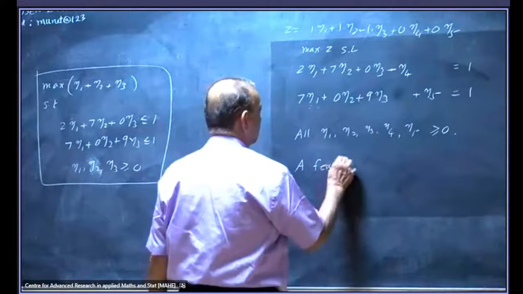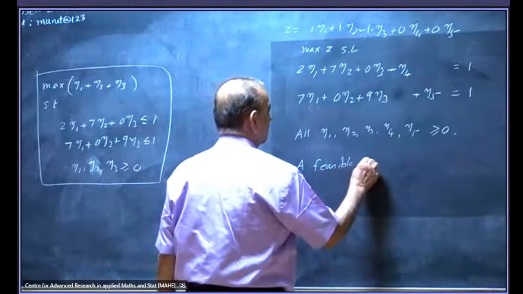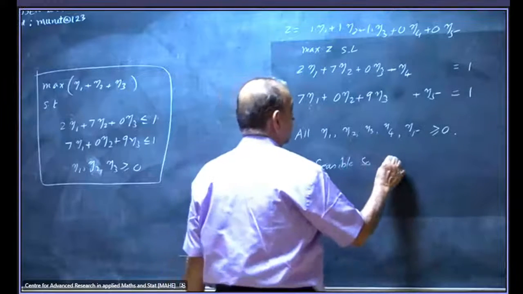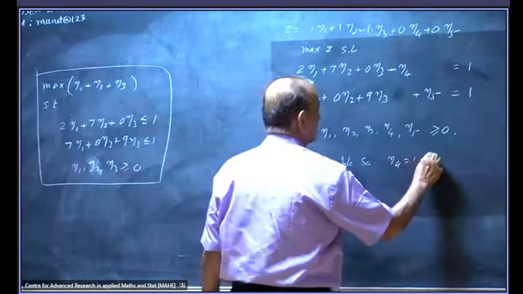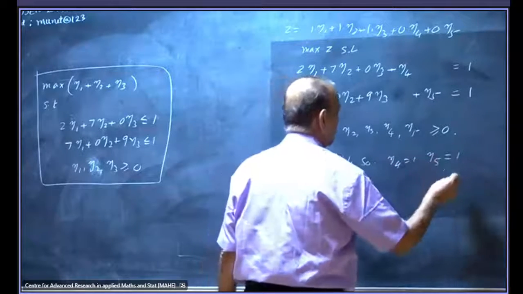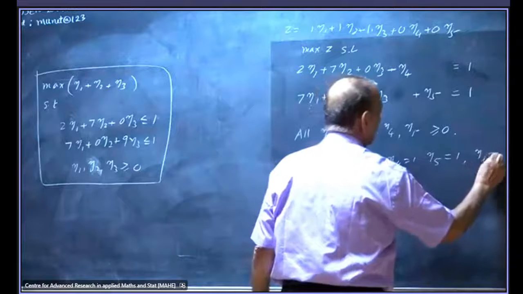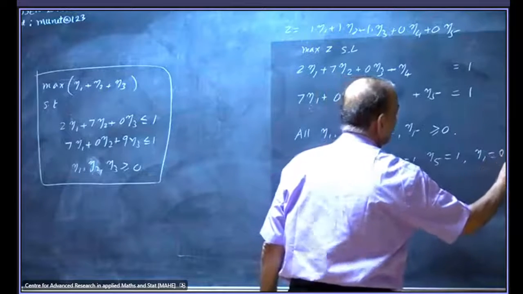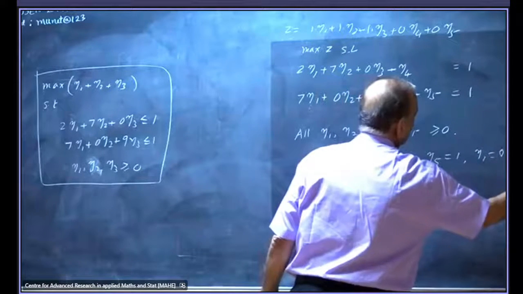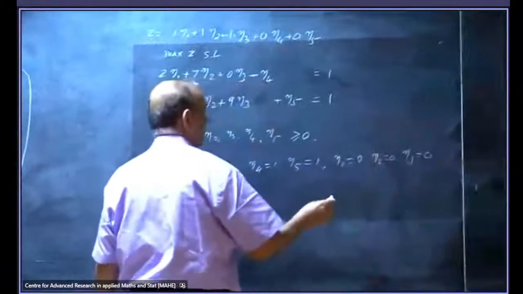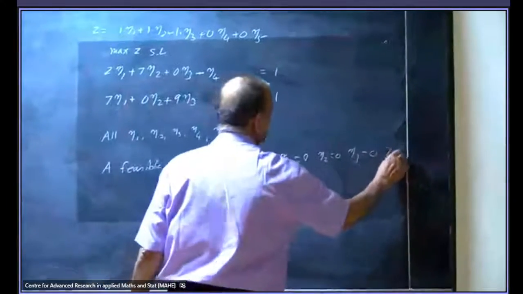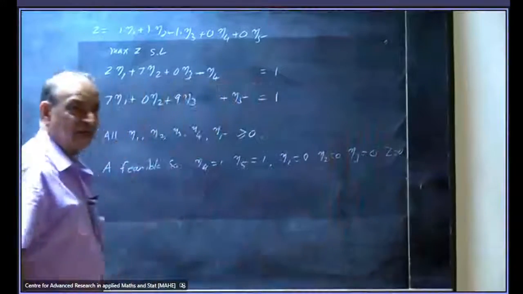It's called a feasible solution. Eta 4 equals 1, eta 5 equals 1, eta 1 equals 0, eta 2 equals 0, eta 3 equals 0, and therefore Z is also 0. Agree?